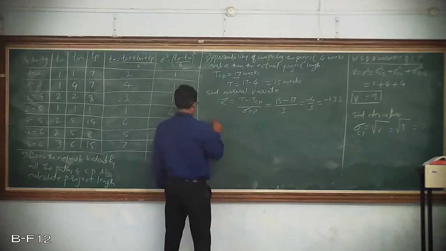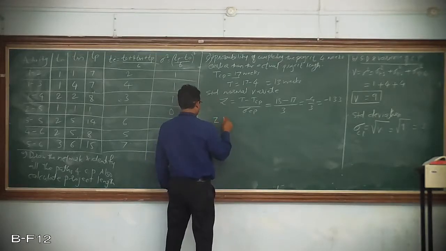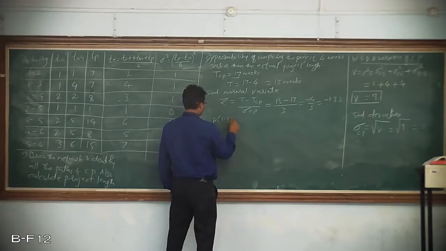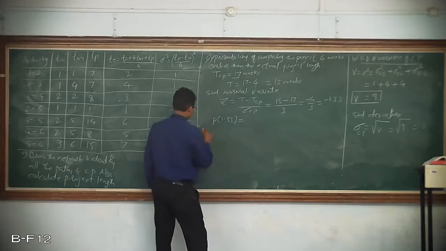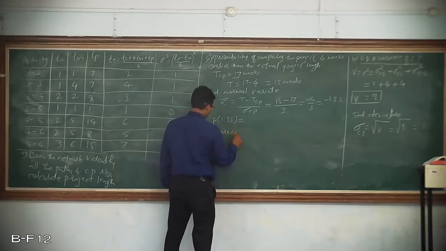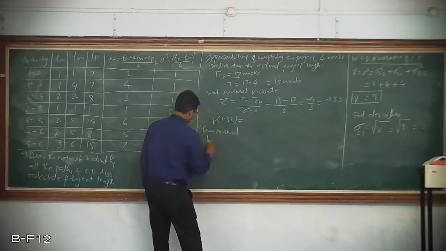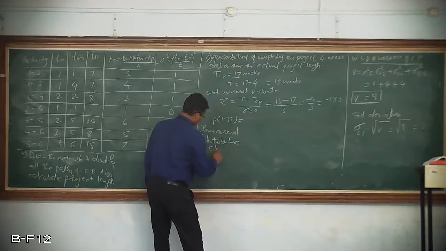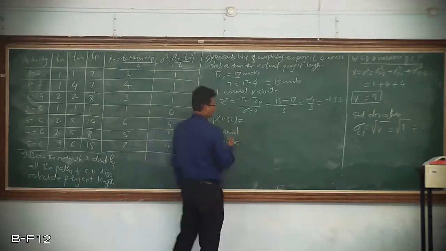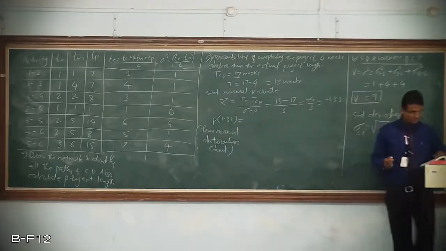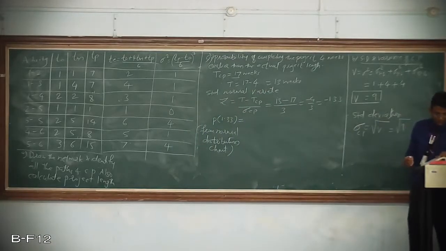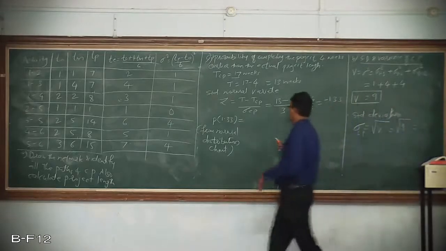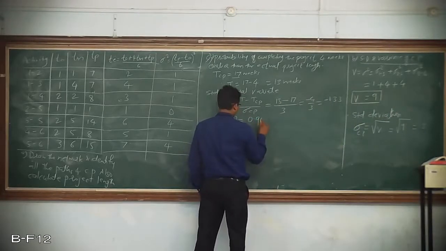So therefore, probability at 1.33 from the normal distribution chart. What is that? How much is it? 0.9082.